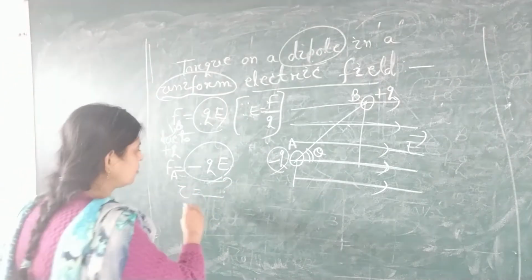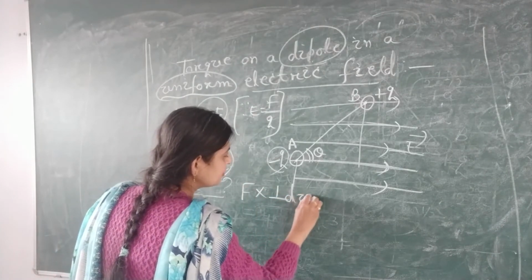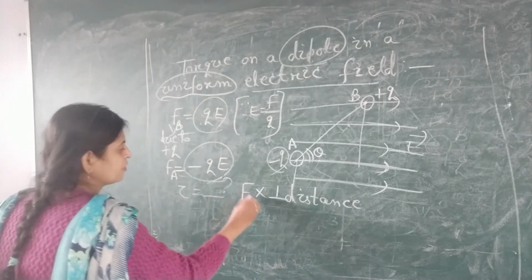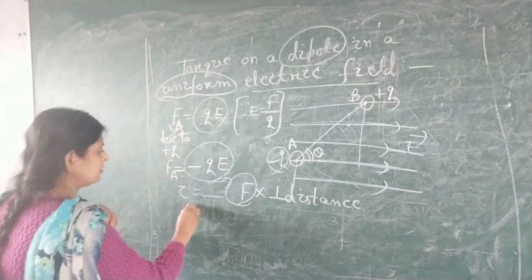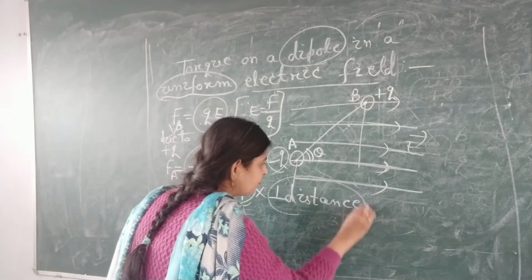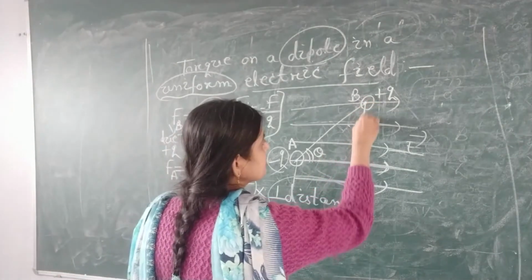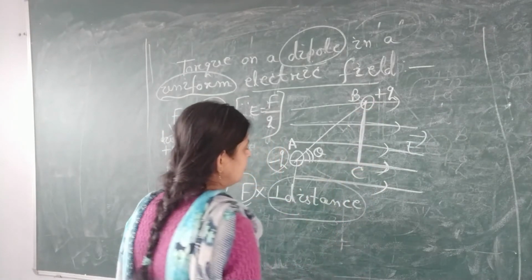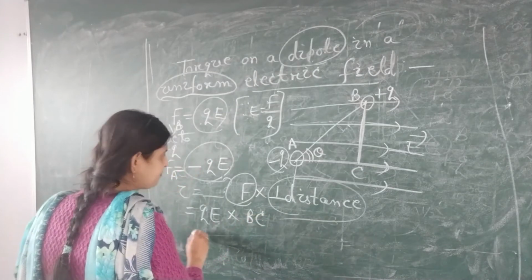We know torque is equal to force multiplied by perpendicular distance. The magnitude of force will be the same, that is QE. Only you have to find out the value of the perpendicular distance. This is your perpendicular distance. Suppose this is BC. Now you have to find out the value of BC.